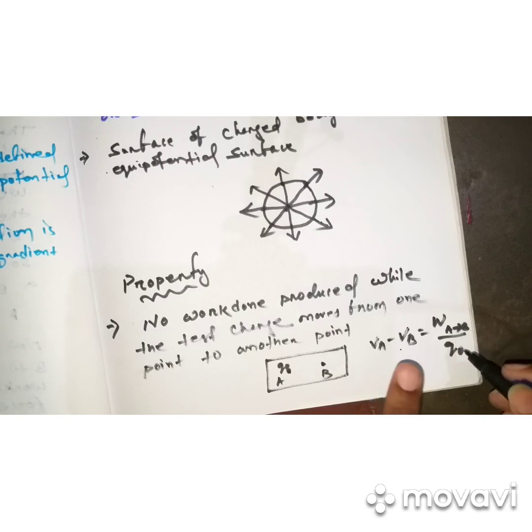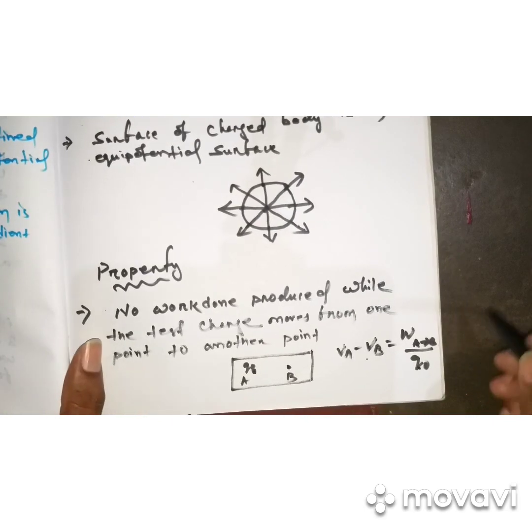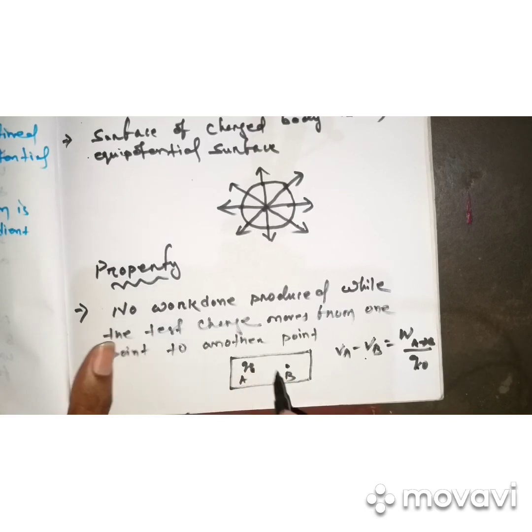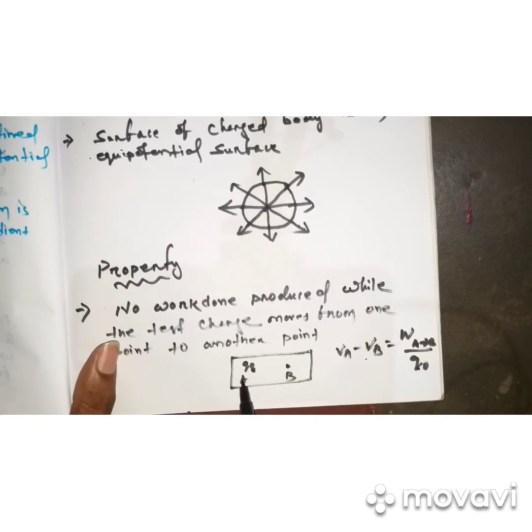We know equipotential surface means each point on the surface, potential remains constant. So potential at point A is equal to potential at point B.